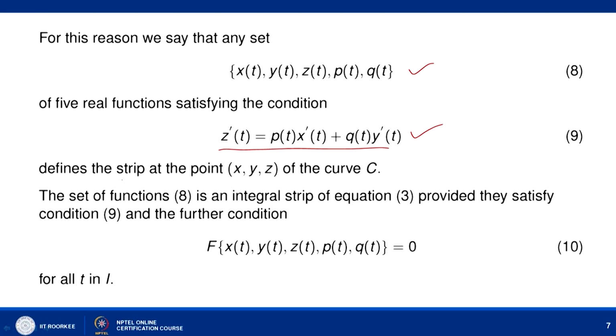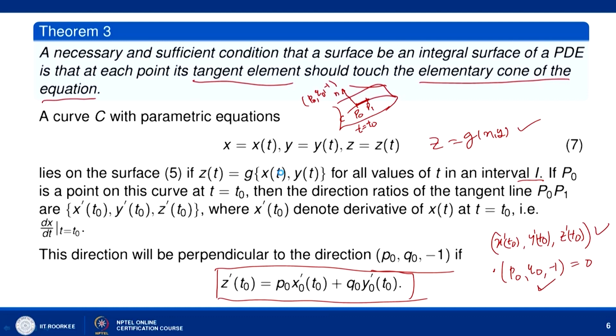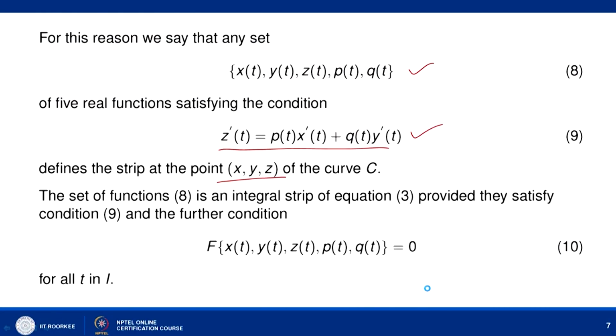We say that it defines the strip at the point x y z of the curve C. So, it means that if p naught p1 satisfies this condition, then x naught, y naught, z naught, p naught, q naught as functions of t will define a strip, right. Any such set of functions which satisfies this orthogonality condition, we call a strip at p naught, right.